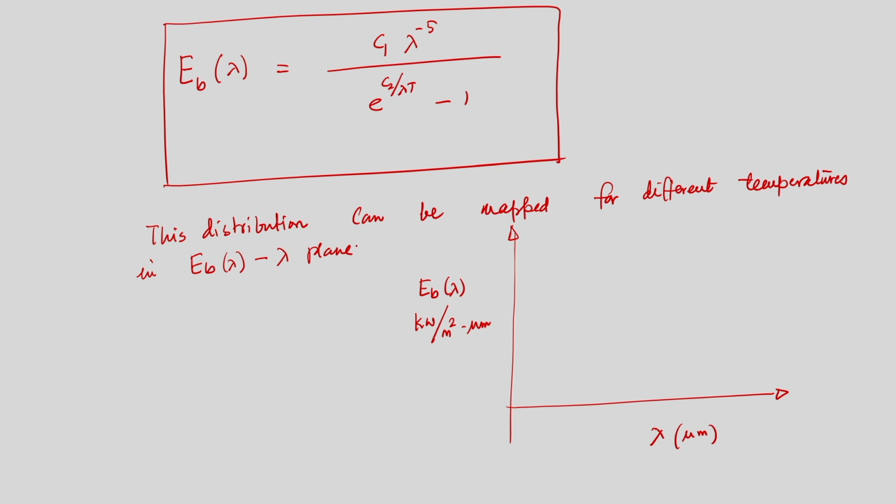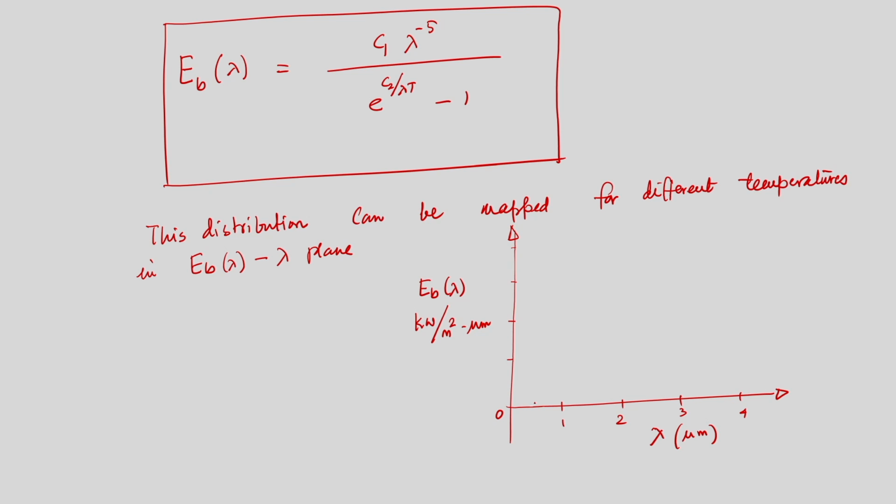So this is 0 and we will have 500, say, 1, 2, 3, 4 like this.